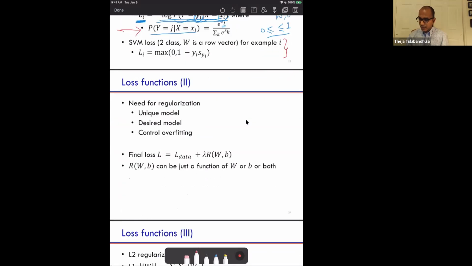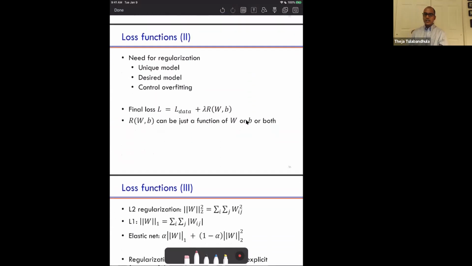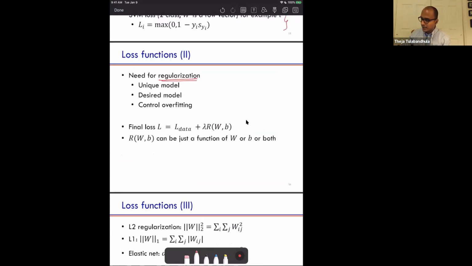So that's loss functions. In addition to loss functions themselves, which are a number typically assigned for each training example, you'll also have a need for what is called regularization. Regularization makes sense when, for example, there are multiple models which all lead to the same L data value.